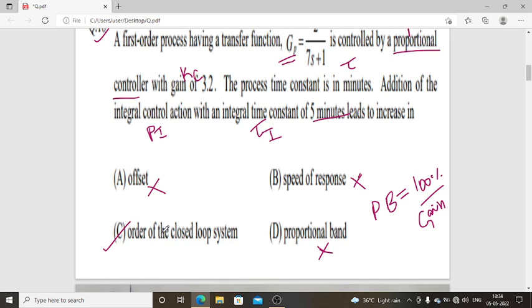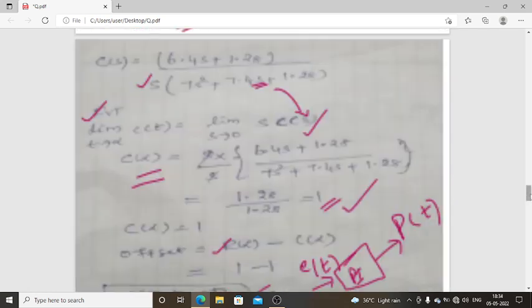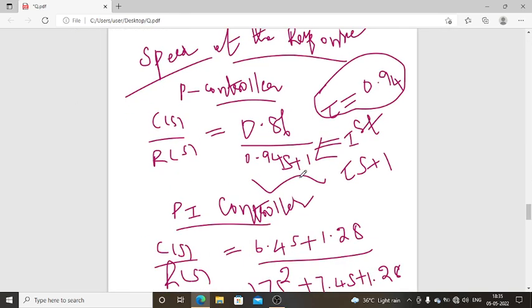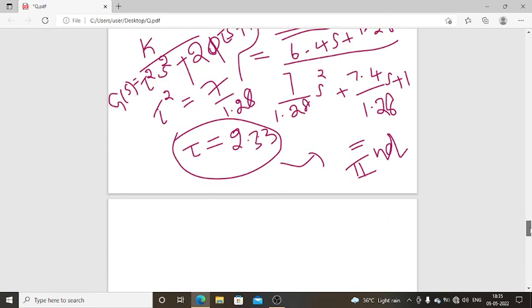Why? Because you see the order of the system here. What is the order of the system for the P controller? The P controller is a first order system, right. What about the PI controller? With the addition of integral action, this is a second order control system.